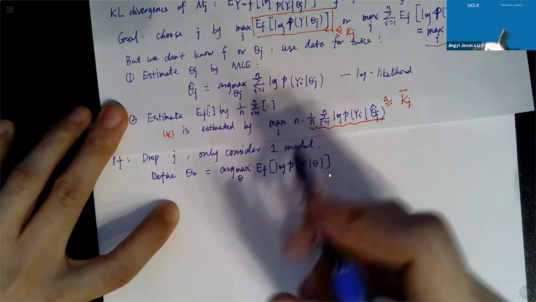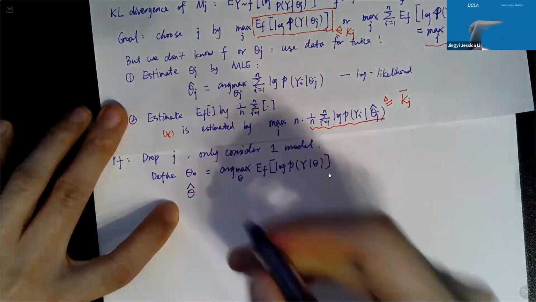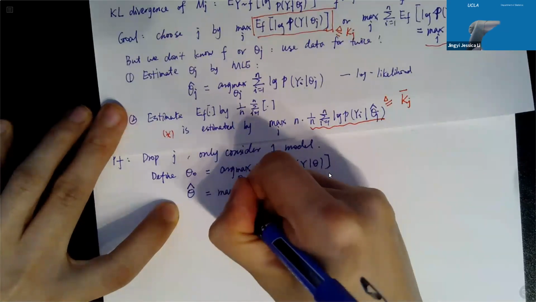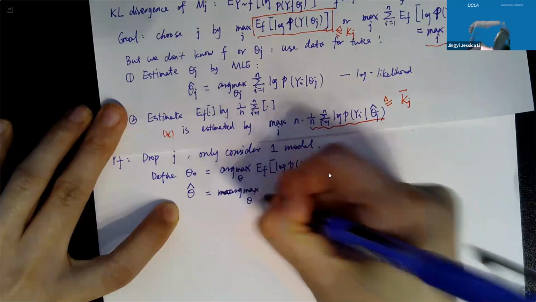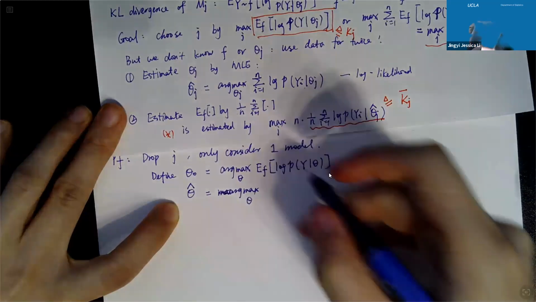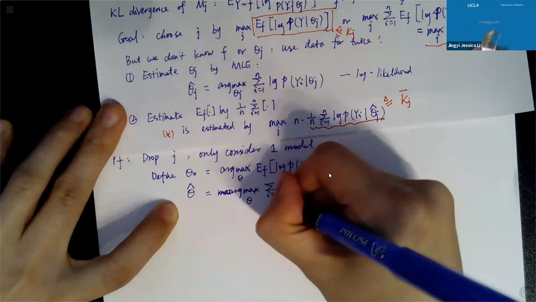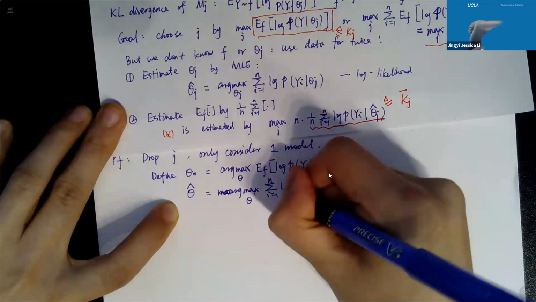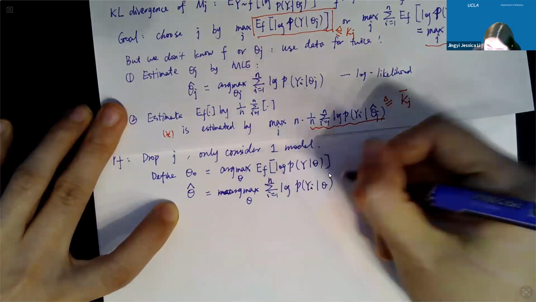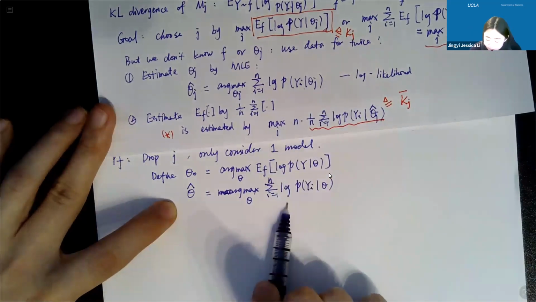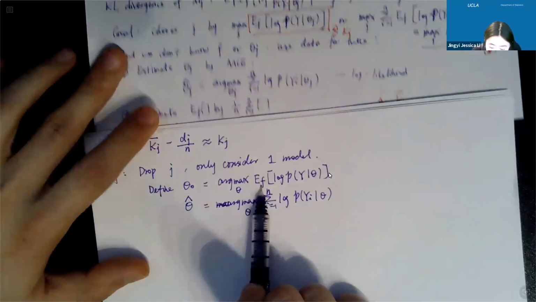And theta hat is still the MLE. By the definition of the MLE, it's the arg max of the summation over i from 1 to n of log p(y_i given theta). So it's defined based on the data y1 to yn, while theta 0 is defined based on a true expectation.